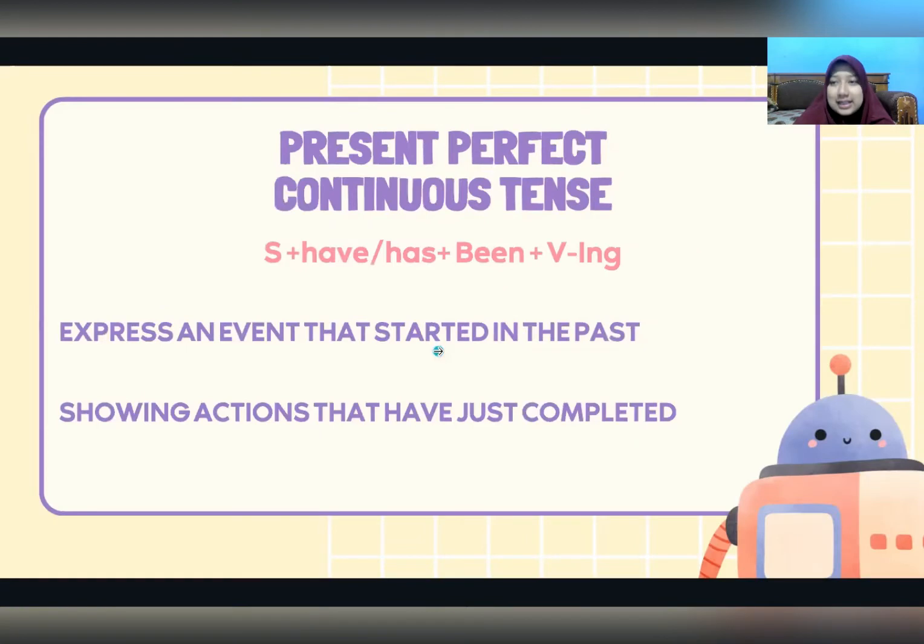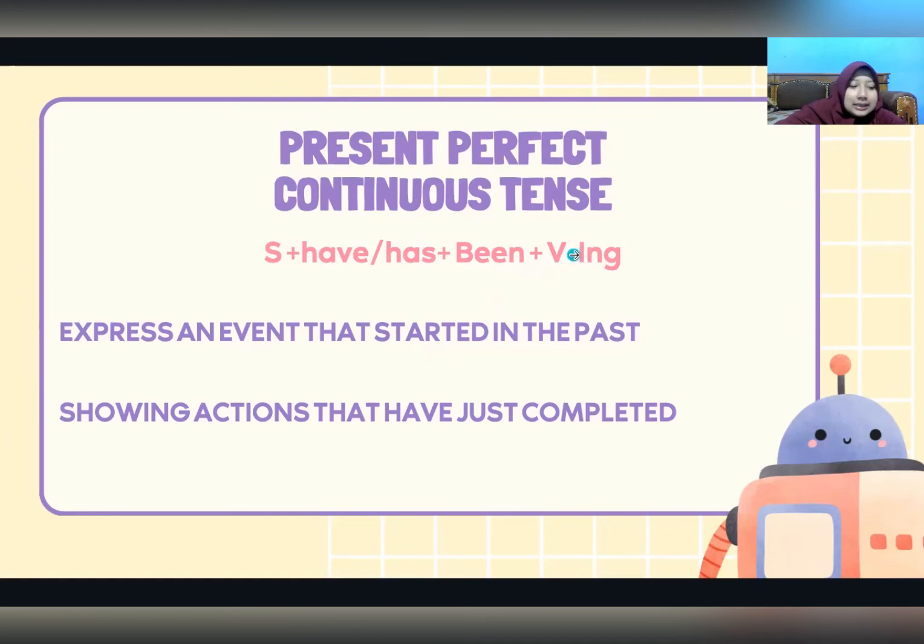The next tense that I will discuss here is the present perfect continuous tense. This tense has a formula: subject plus have or has plus been plus verb-ing.